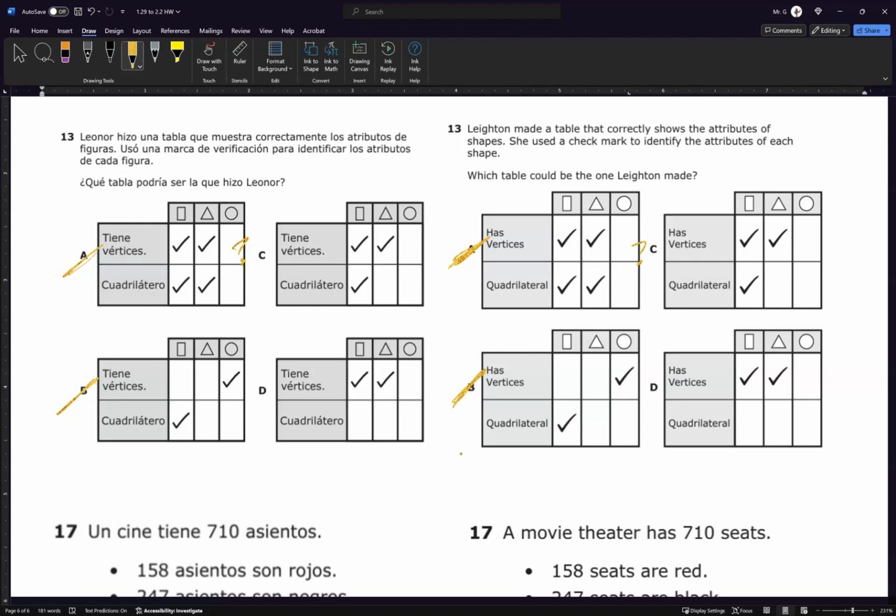So now, let's look at D. Rectángulo tiene vértices, triángulo tiene vértices, pero les falta el cuadrilátero. D is wrong because they forgot the quadrilateral. So our answer would be C.